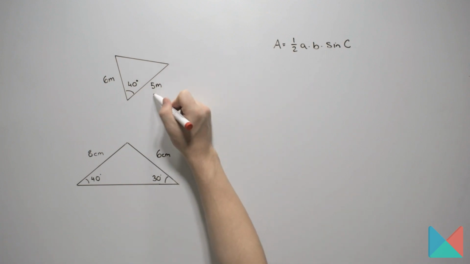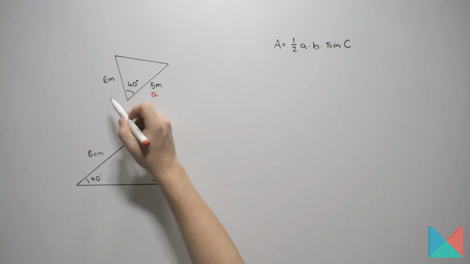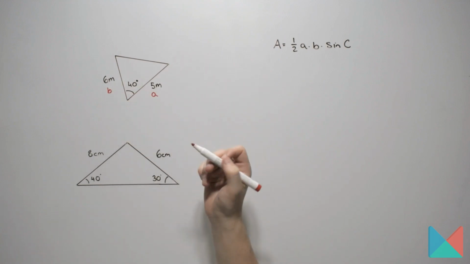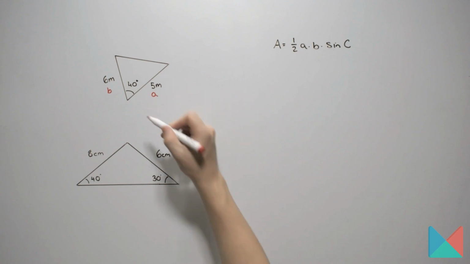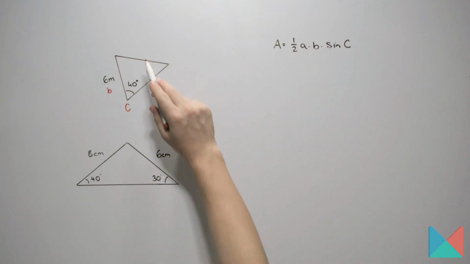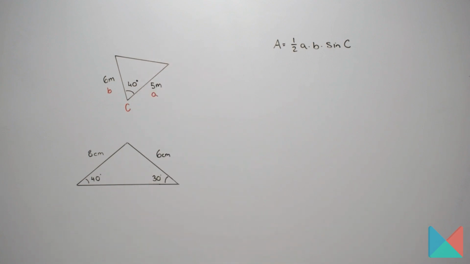So let's label this side A and this side here B that we're given. And by the convention used to label a triangle, this angle in between will be angle C, as side C will be here. And so now, if we want to find the area of this given triangle, we can just sub in the values into our area rule.